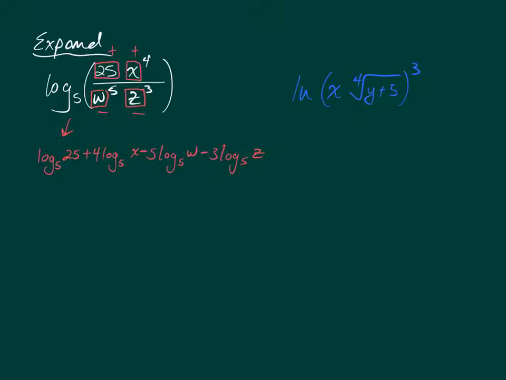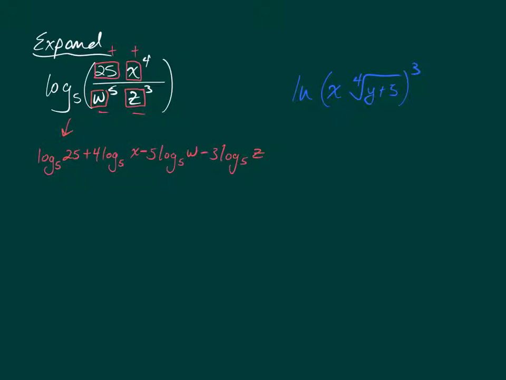And so now this log has been almost completely expanded. You just need to double check that you can't simplify a log after that. If you look at this particular log, it has an argument of 25, which is just a number.